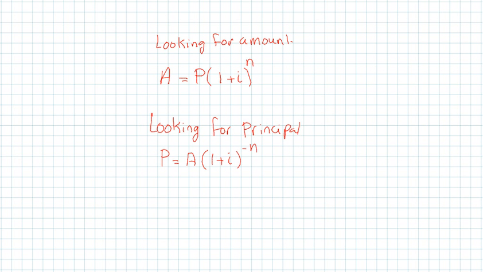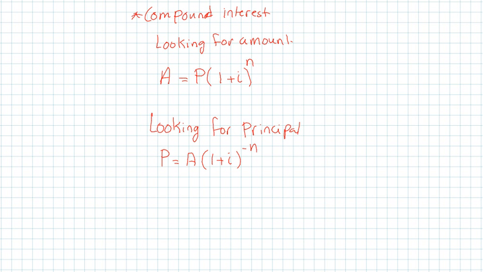So these two formulas are used when we have compound interest, but it doesn't say that we have a regular payment. It will not say that you have a regular payment.